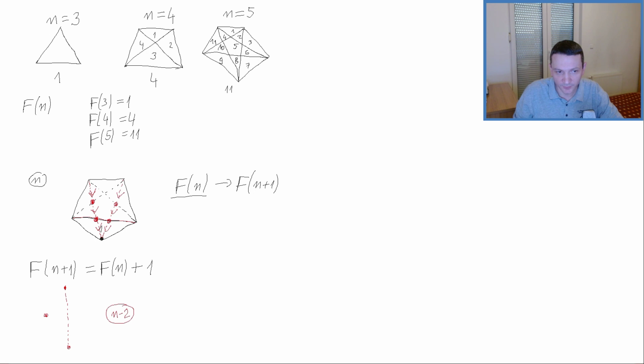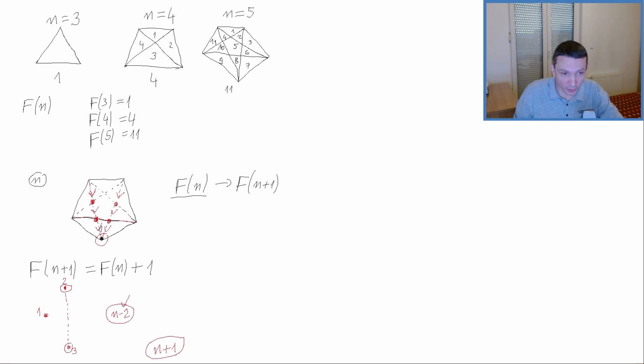I have here 1, 2, 3, and together with this n minus 2 I have actually n plus 1, because I started with an n-sided polygon and added one new point, so the total number of points is now n plus 1. Besides those 3 points, 2 from this new diagonal, from 2 to 3 here, and 1 point on the left side, I have n minus 2 points on the right side of that diagonal.